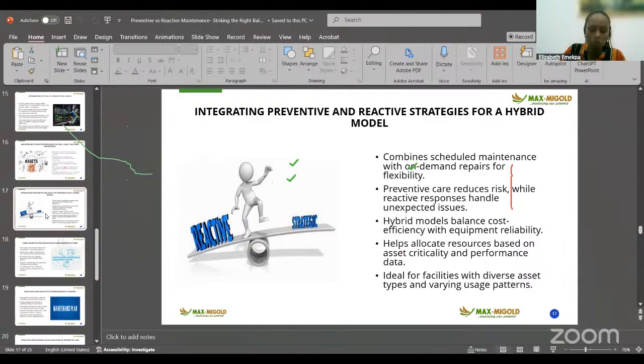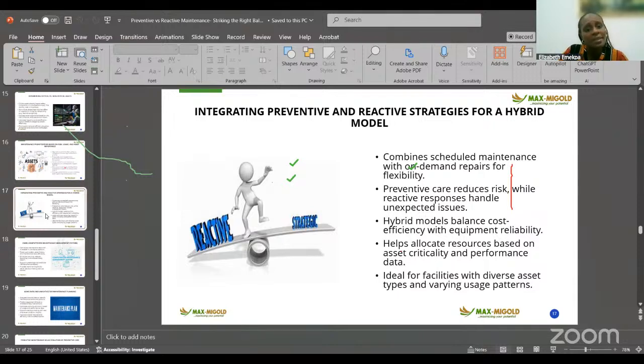Even when you buy something, they will tell you usage is for a period of time. And you ensure that after this time, or even before this time, you carry out the replacement. Preventive care reduces risk while reactive response handles unexpected issues.